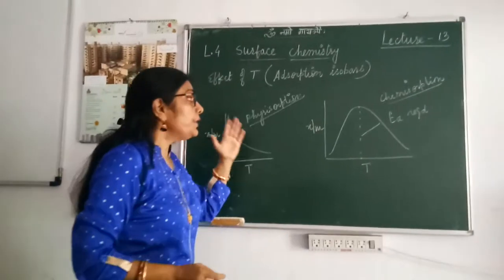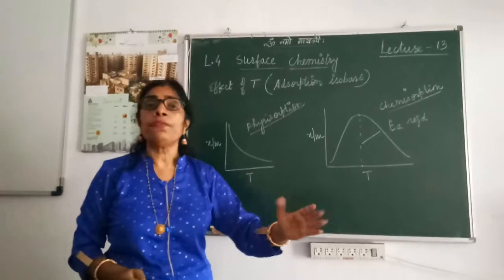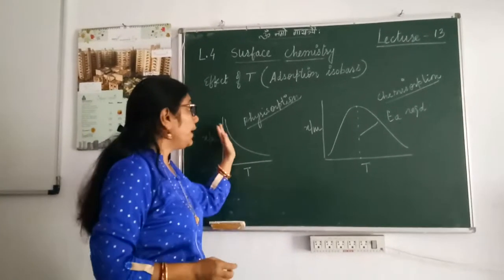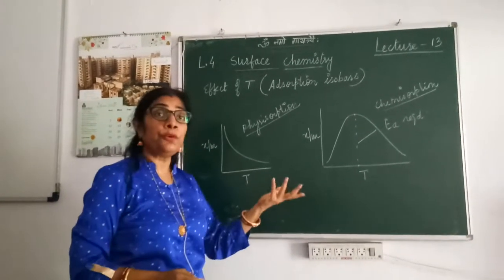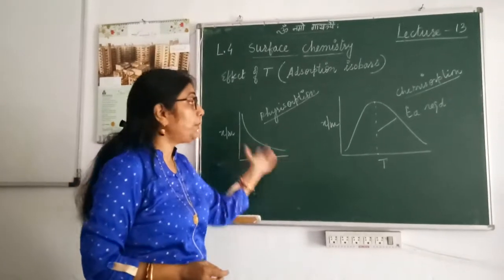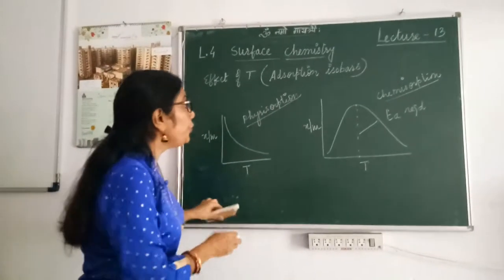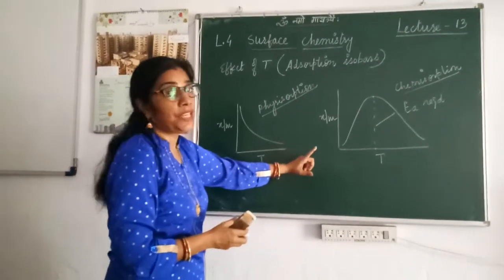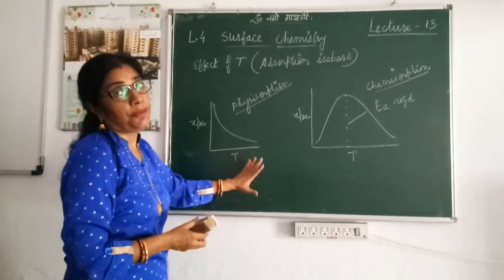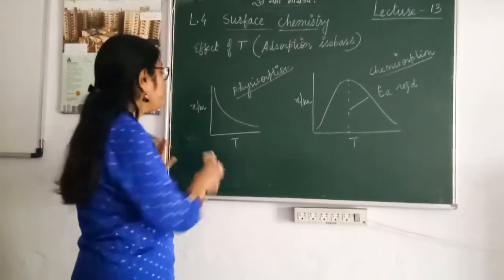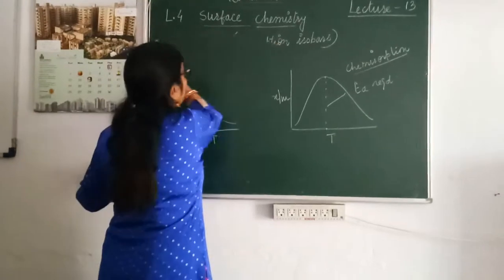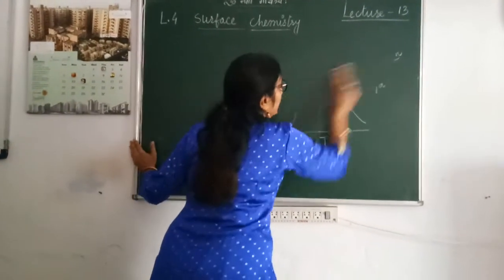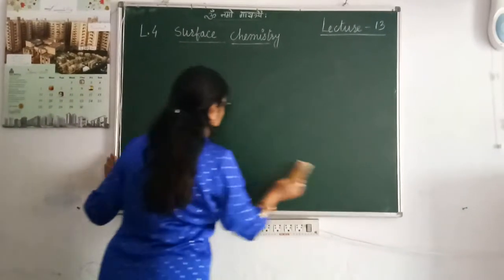In physisorption, there is no requirement of activation energy, so it goes as per Le Chatelier's principle. But in chemisorption, due to the requirement of activation energy, the graphs are different. I hope you have observed the difference and you must notice it carefully.